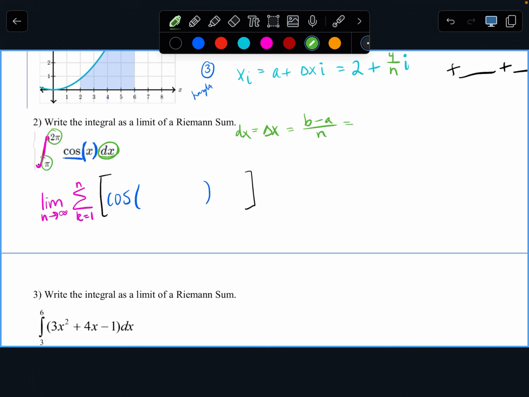My interval is pi to 2 pi. If you can do that in your head, 2 pi minus pi is just going to be pi over n. So that's going to be your width, the dx.